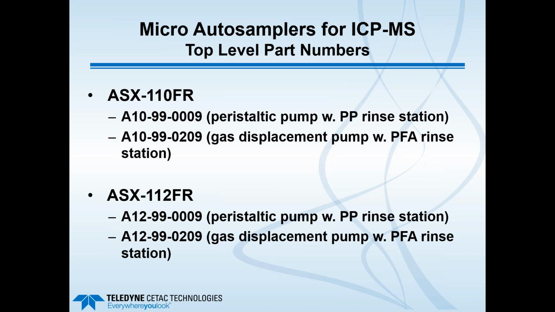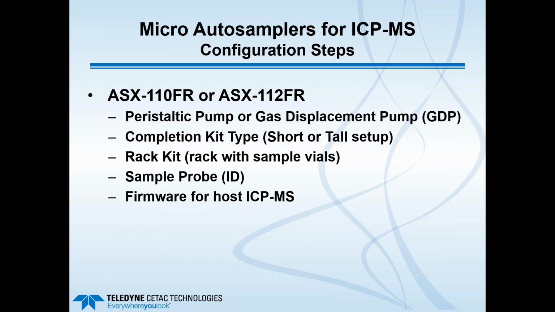You could acquire a PFA rinse station if you wished via one of the SP kits if you wanted to go that route. And then once you have chosen your top level part number for an ASX 110 or 112, you then finish the configuration steps by choosing your kit type, whether you want to use the short or tall setup, which rack kit you want to start with, which sample probe you want to start with, specifically the ID of the sample probe, and the firmware for the intended host ICP-MS.